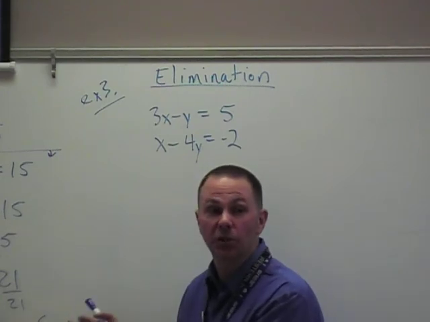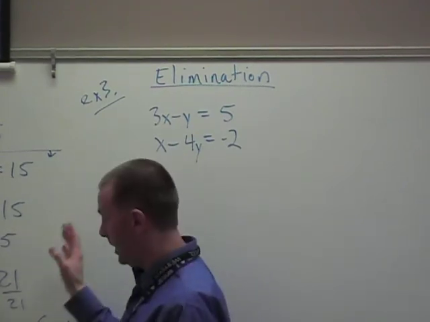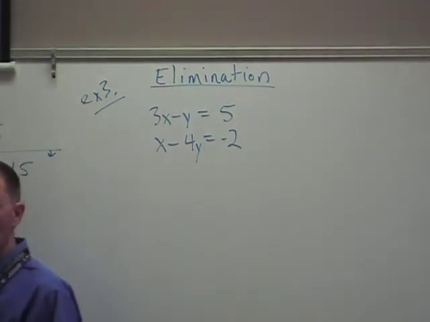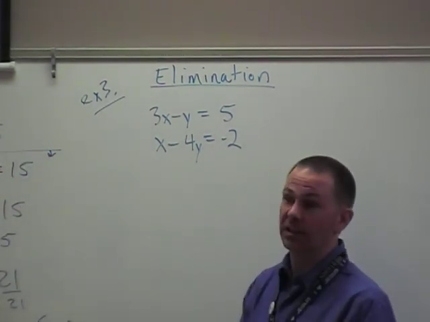Alright, now we're not substituting. This is a new way of solving the system. Again, you're finding where the two lines cross. On these two examples, we substituted one equation into the other. This one, we're going to add the two equations together.